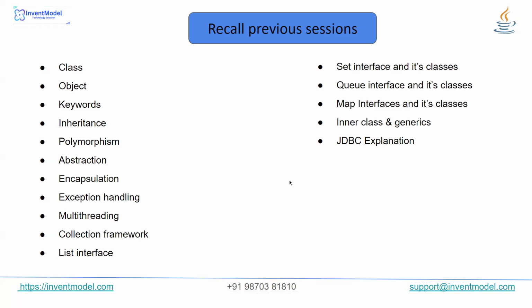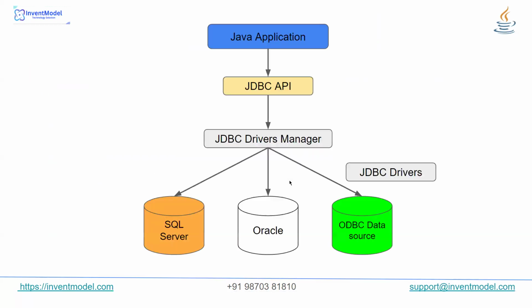This is the diagram by which we can understand: this is our application, and the user can interact with this application. The developer creates logic using the JDBC API, and then the JDBC API communicates to the JDBC driver manager.